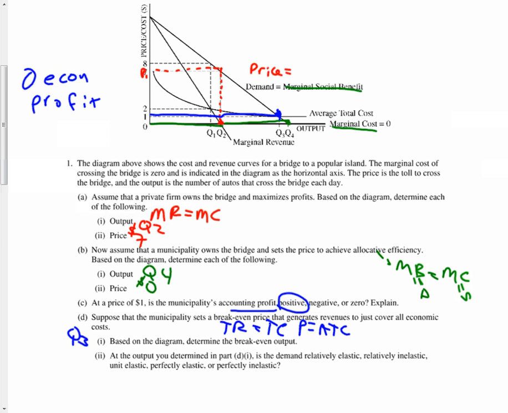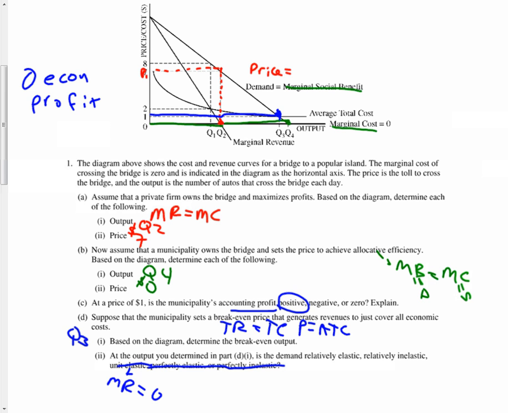At the output you determined in part B1, is demand relatively elastic, relatively inelastic, unit elastic, perfectly elastic, or perfectly inelastic? Well, we can cross these two out right away because that's not going to work. The unitary elastic point is when MR equals 0, so we don't have to worry about that because at Q3, MR is not 0.